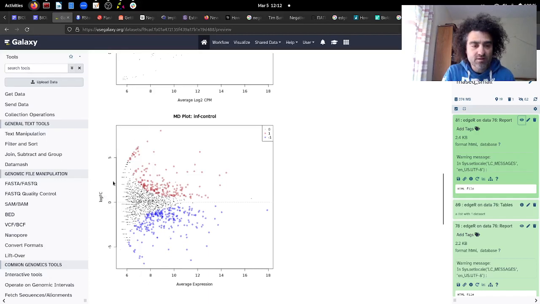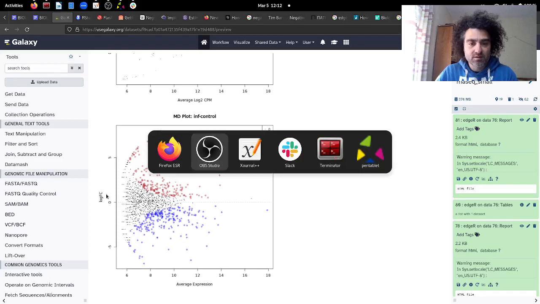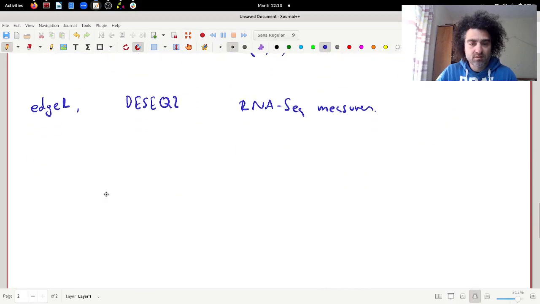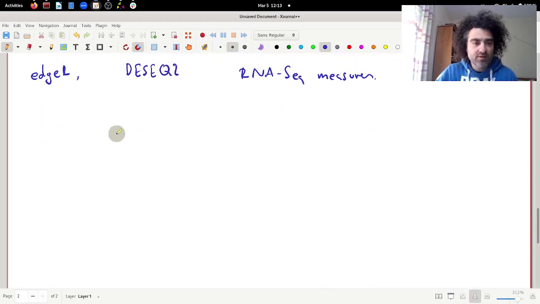And the other important plot here is this plot that shows the log-fold change as a function of the average expression. So log-fold change here is the following measurement. I have the 3 individuals, individual 1 to 3, that are infected, and I have the 3 individuals from the control.